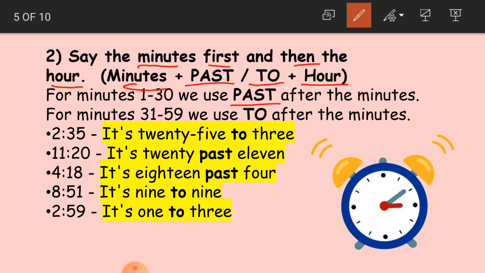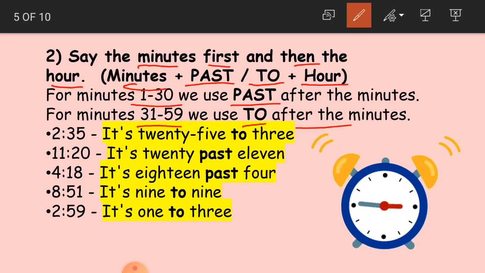So here, when we are telling minutes from 31 to 59, we use to after the minutes, and for minutes 1 to 30, we use past, as we have learnt: from 2 o'clock to 2:30 we used past. 5 past 2, 10 past 2, 25 past 2.